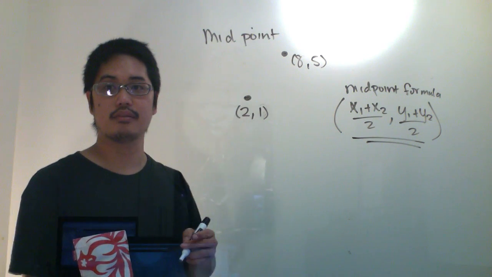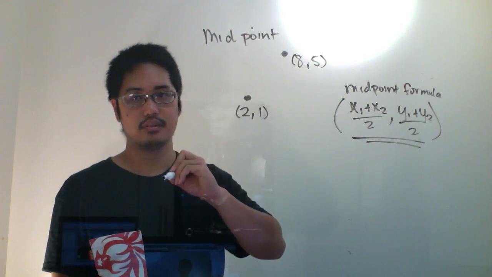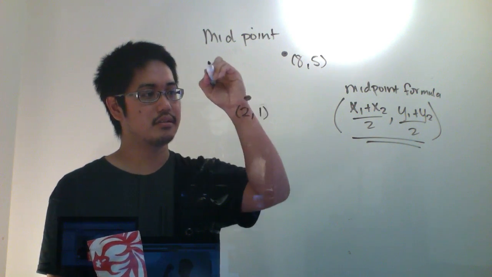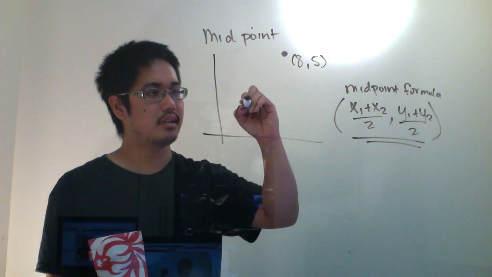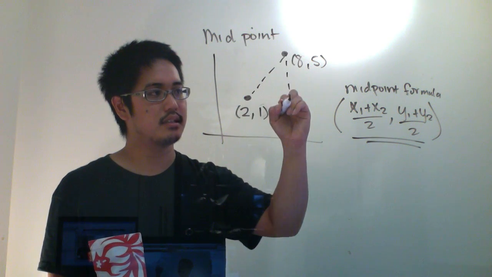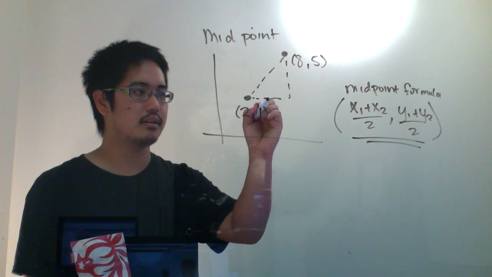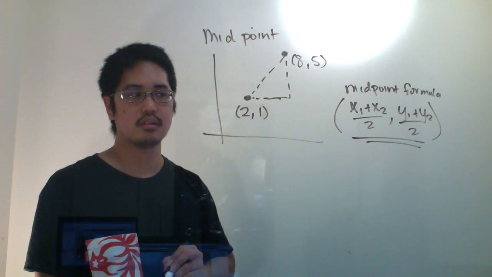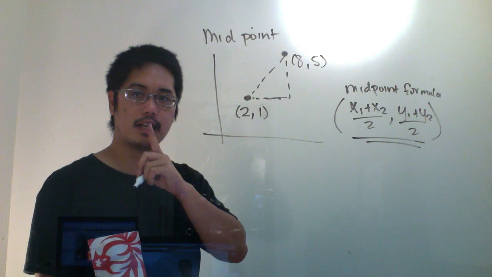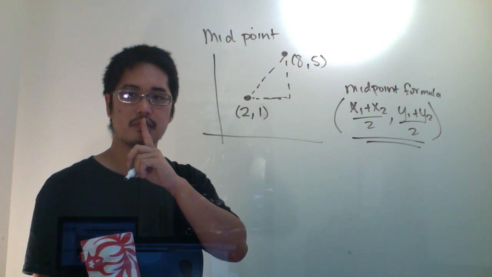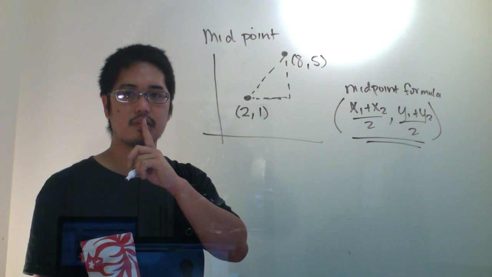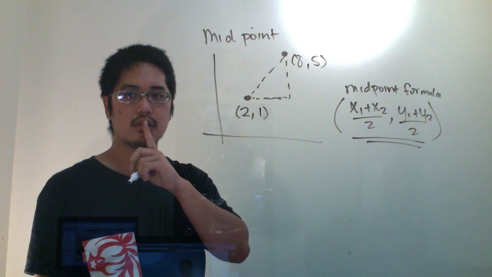Here's what the midpoint formula is. I don't ask you to memorize this, but I'm going to ask you this. Do you see a triangle? Yes, you do see a triangle. I'll just draw these things like that. What's the height of that triangle? How high is it?